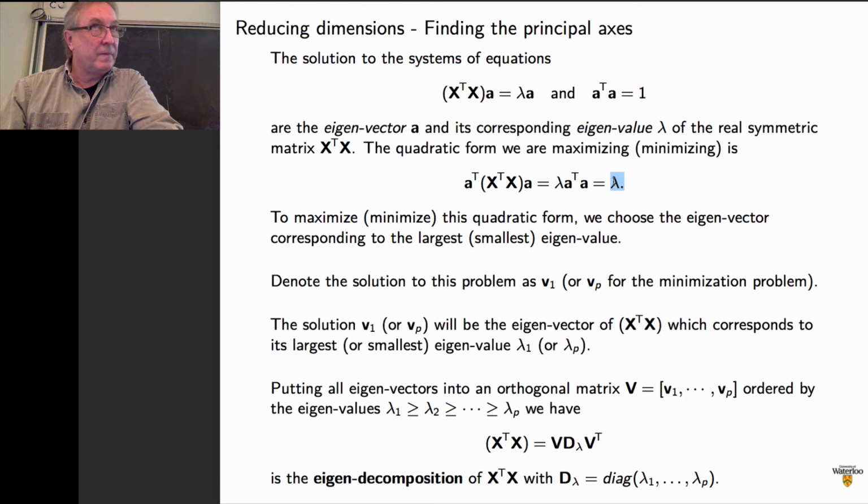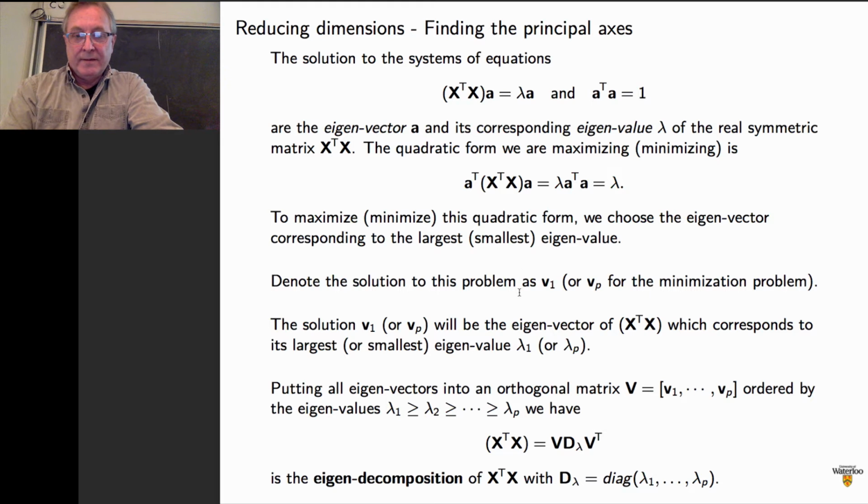I can proceed then, and if I denote the solution by one of these vectors v1, up to vp for the smallest one, I can get an orthogonal matrix V. To get each in sequence, I'd choose the second direction, say direction b, that maximizes this quantity subject to the constraint that it's orthogonal to the previous one. We'll end up picking off all of the orthogonal eigenvectors.